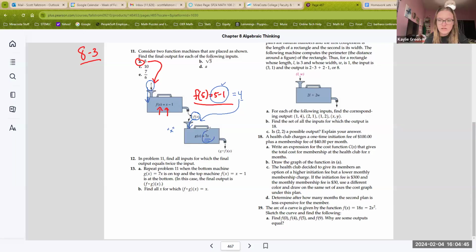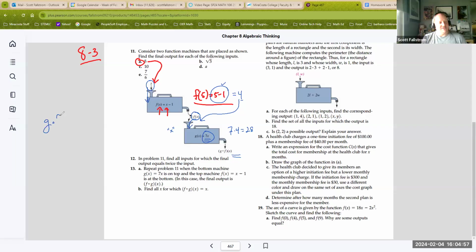So what you did, there's nothing wrong with it. You said at the end 7 times 4, and you got 28 as your final output, right? Yeah. So we would write this as either this, the fancy way of writing it, or you could also write it where you say, I found f of 5, and then I put that as the input into g, but I got 28.